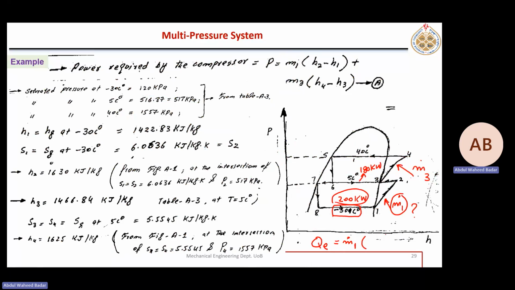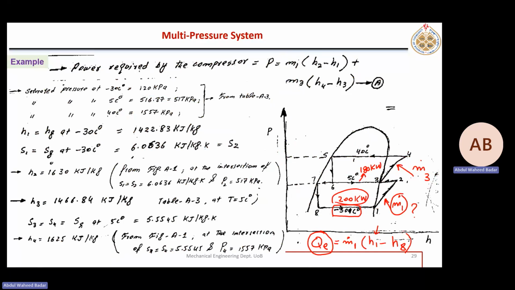This QE, which is 200 kilowatt, I can write as m dot 1 into (H1 minus H8). This is given, 200 kilowatts. H1 we already know.